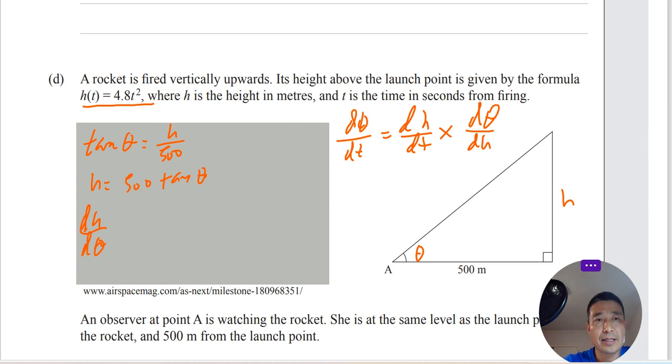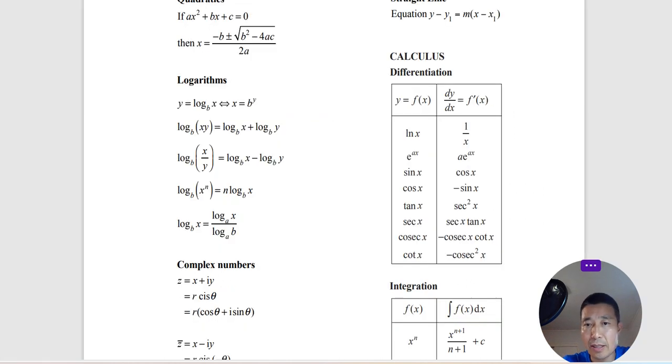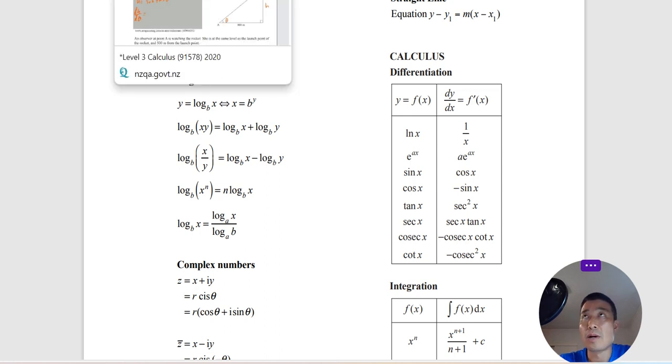So where do I start? Well, since I'm here, why don't I differentiate h in terms of theta? I will show you the formula sheet. Over here, when you differentiate tan x, it becomes sec² x. Sec x is 1 over cos x, isn't it?